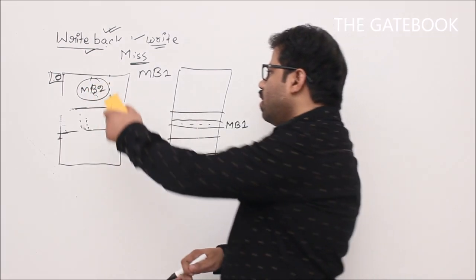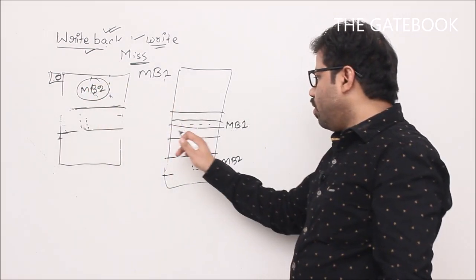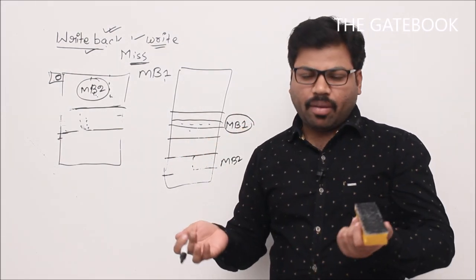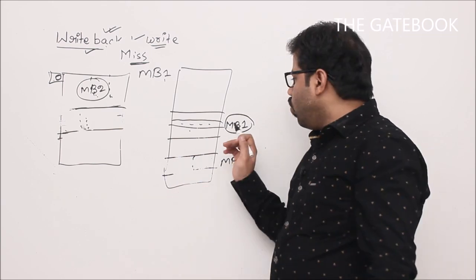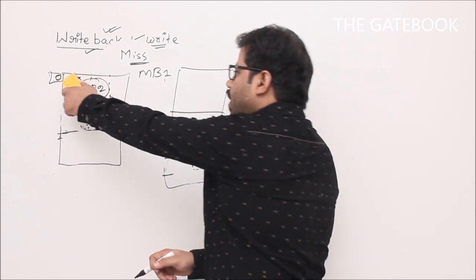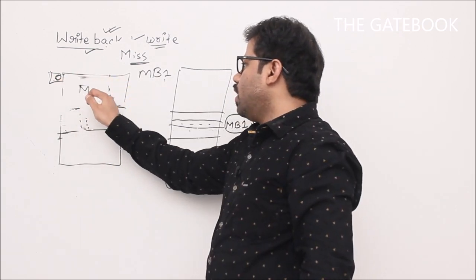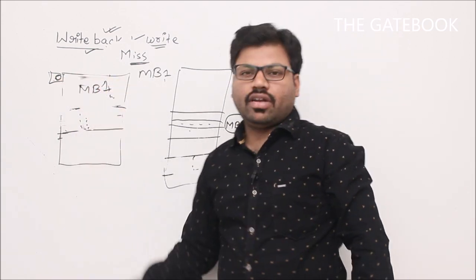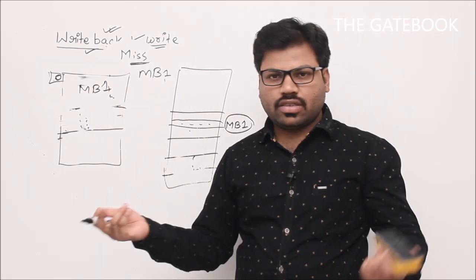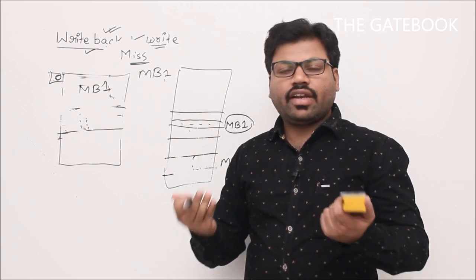Step number 1: because main memory block 2 is not modified, this content and that content are the same, so we don't really need to update it back. Then happily go to main memory block 1 in the main memory and ask, my dear main memory block 1, according to the direct mapping technique, or any mapping technique, what is your position in cache? This one. Oh, then because its modified bit is 0, happily we write MB1. That means we did not move MB2 back because the data is not modified. So we can reduce the time, right?